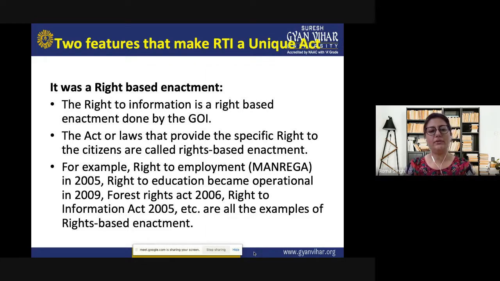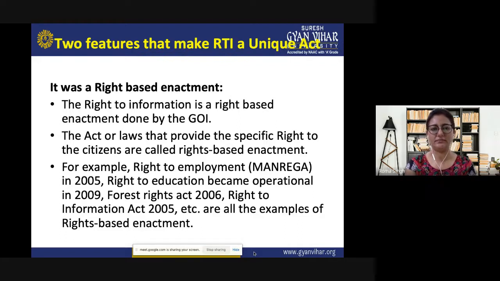For example, the right to employment, that is the MGNREGA scheme, in 2005. The right to education became operational in 2009. Then there is the Forest Rights Act in 2006, and the Right to Information Act introduced in 2005. These are all examples of rights-based enactments done by the Government of India for the citizens of India.